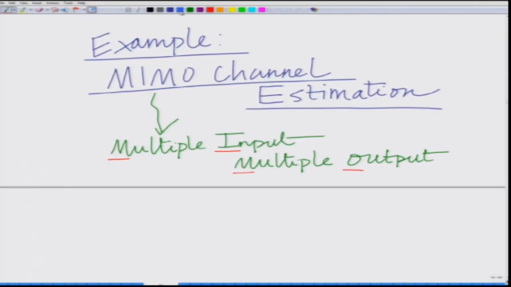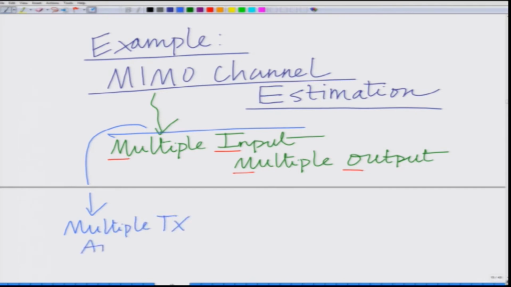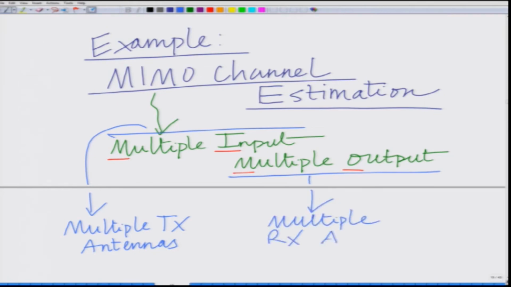Specifically, the multiple inputs are your multiple transmit antennas, and your multiple outputs are the multiple RX or receive antennas.